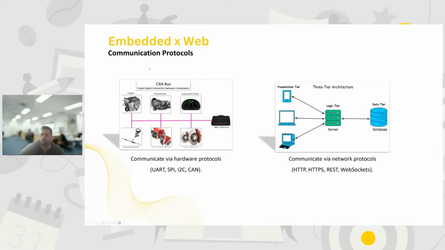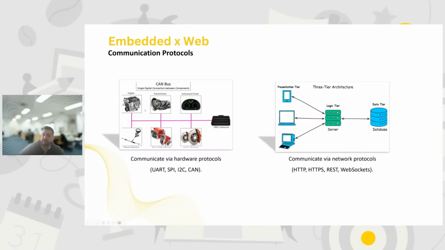Communication protocols, from a technical point of view, and with these pictures and diagrams, it's possible to see here, imagine this is a CAN bus, this is a CAN communication inside the car. Look, we have the motor, transmission, instrument panel, power steering, etc. And in these lines that are physical lines, we have two cables that are connecting all those devices, and the communication is done through the CAN protocol.